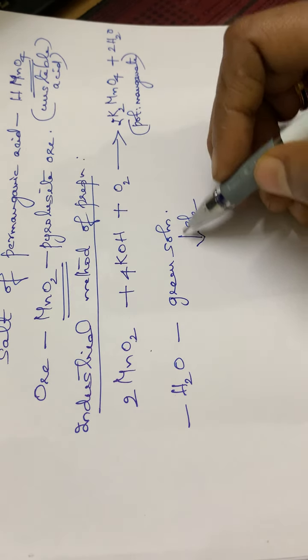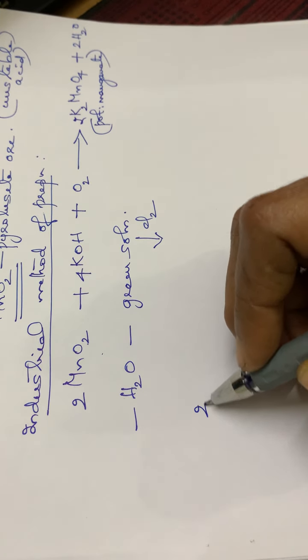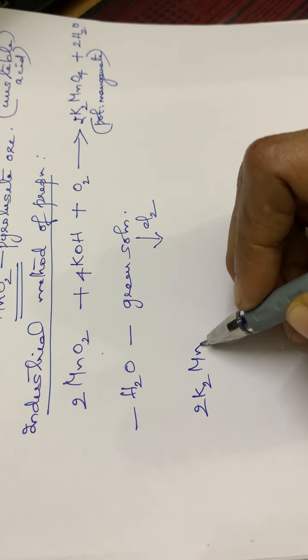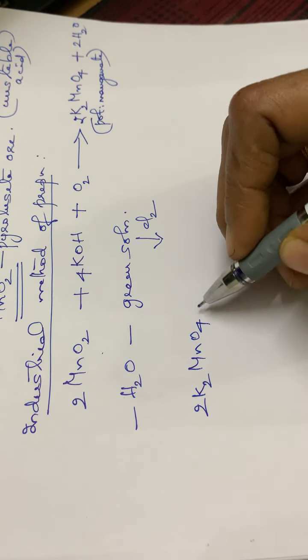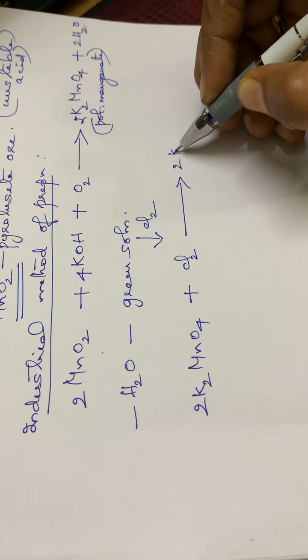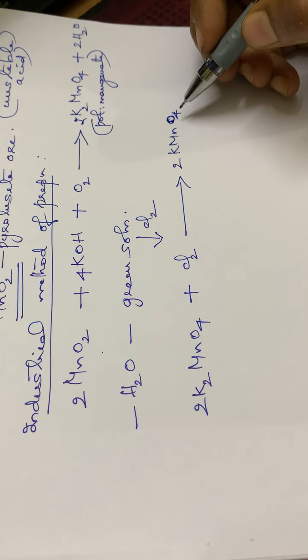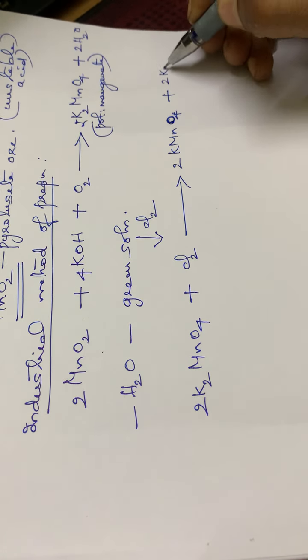The equation is 2K2MnO4, potassium manganate, plus Cl2 giving 2KMnO4, our required compound potassium permanganate, plus 2KCl.